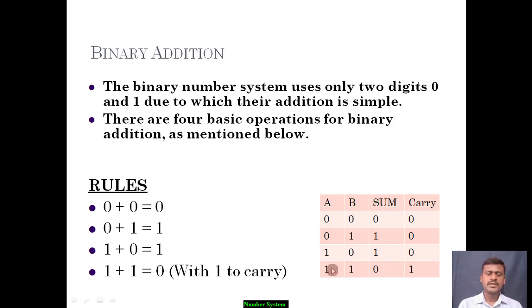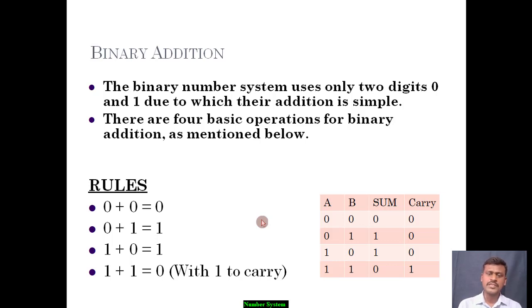And the final one, last but not the least, 1 plus 1 will give you sum 0 and carry 1. So these are the rules for addition of binary numbers.